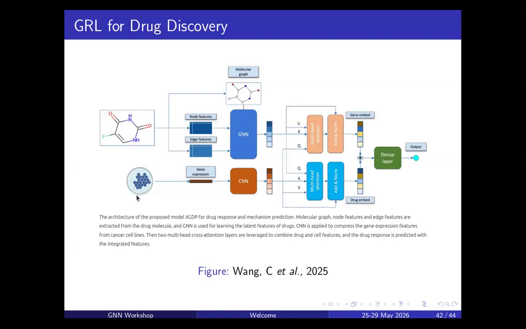Similarly, the gene expression is passed through a CNN to get the embedding, and then passed through an attention network separately for these two embeddings. Molecular information is coming from a graph, so we can get the embedding using a GNN, graph neural network. I think they use a graph convolutional network itself, and a CNN is used to get an embedding of gene expression.